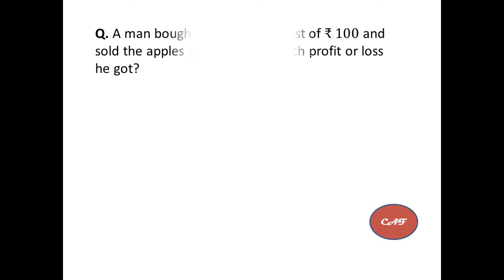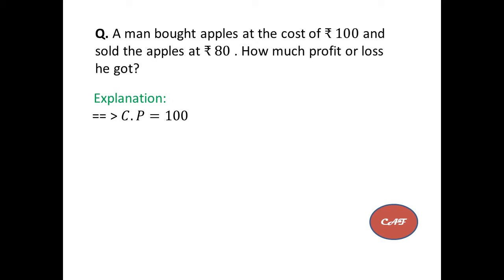Next question. A man bought apples at the cost of 100 rupees and sold the apples at 80 rupees. How much profit or loss did he get? Same question as earlier, but here he bought at 100 and he sold at a lower cost, 80 rupees. So definitely he will get loss. We will see how much loss he got. Here cost price is 100 rupees.